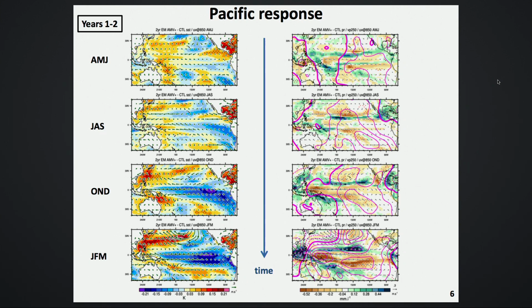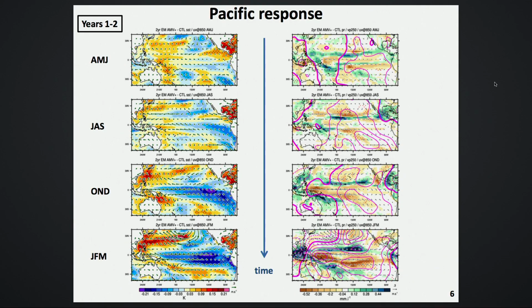And this is going to increase the trades over the central and the western Pacific, and finally is going to create this La Nina type response that we can see both in SST and precipitation there.